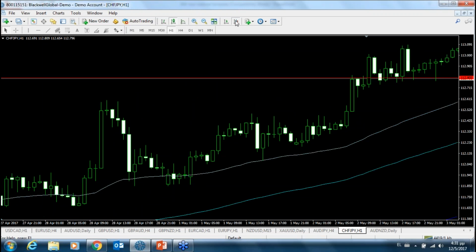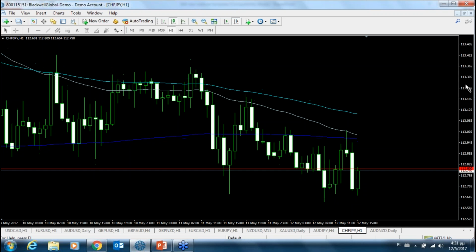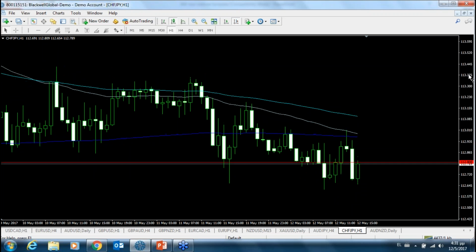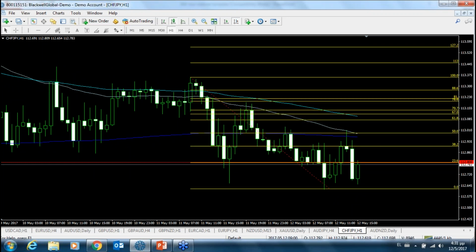Now, just based on this alone, you could potentially look at an A, B, C, and predict a move to the downside. So what you do is pull the Fibonacci first from the highest point you can see closest to what you're looking at, from the very top to the bottom, and look at where the correction is. That one corrected itself at 50%.